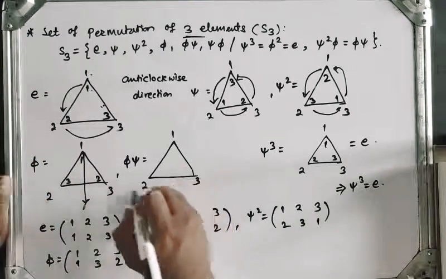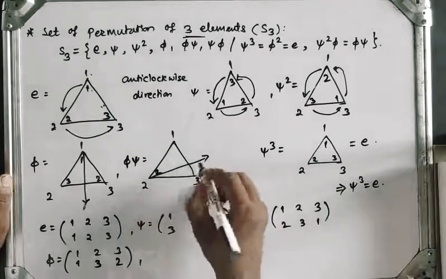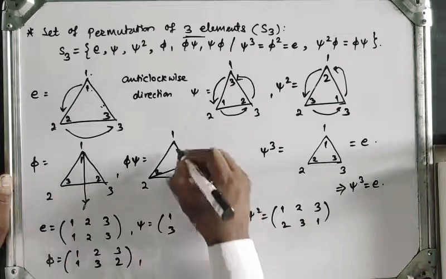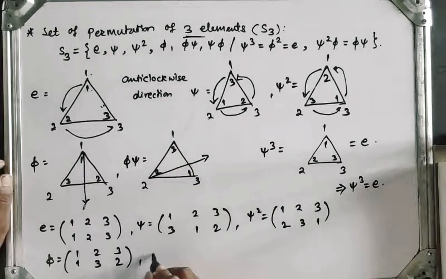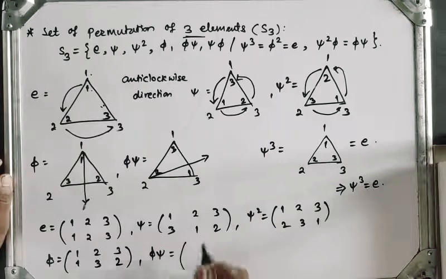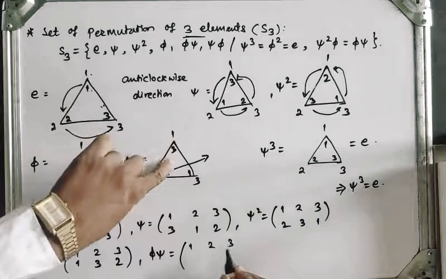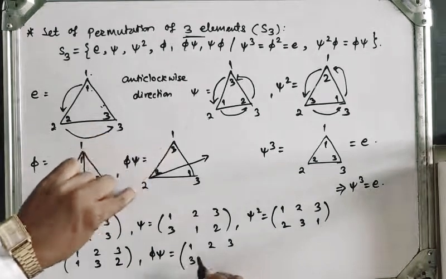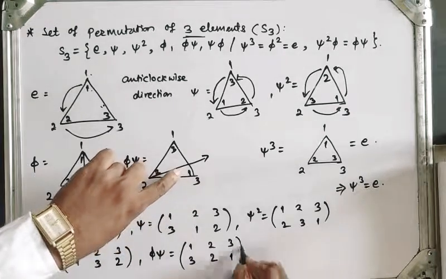Now in phi psi I will put 2 as a constant, then interchange 3 and 1. So phi psi is 1, 2, 3, where 1 goes to 3, 2 goes to 2, and 3 goes to 1.